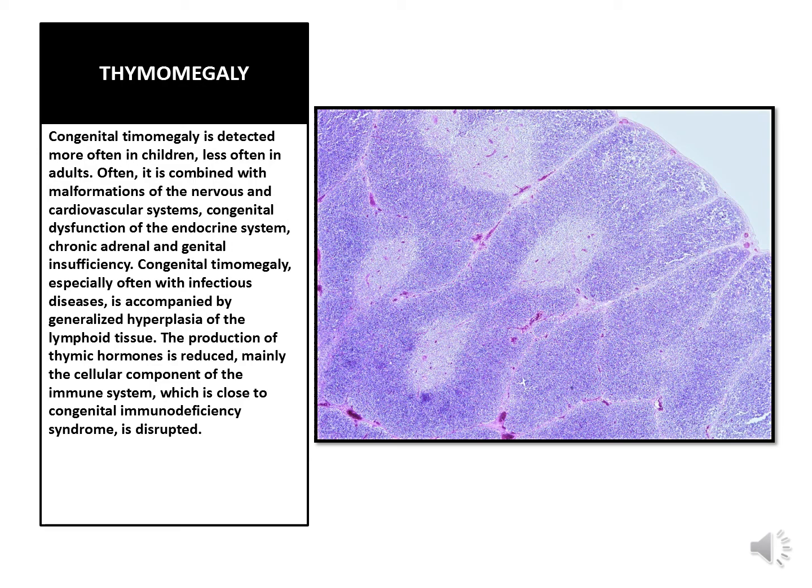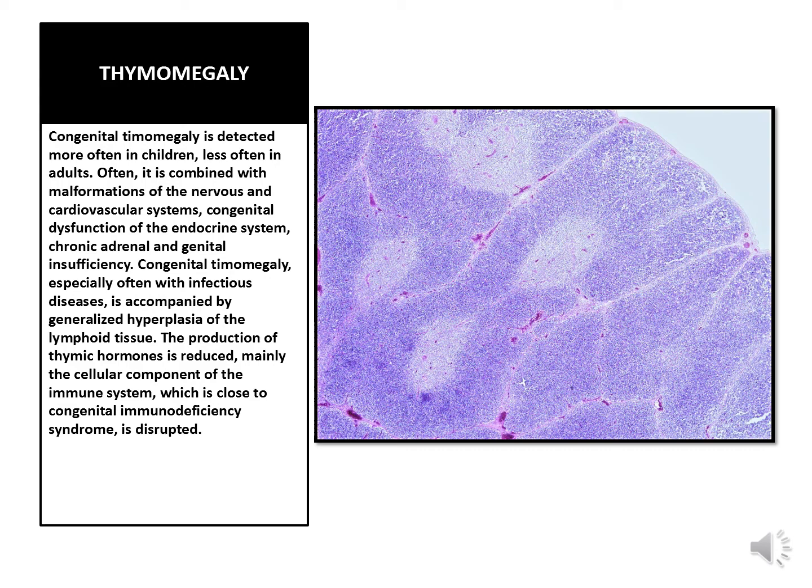Often it is combined with malformations of the nervous and cardiovascular system, congenital dysfunctions of the endocrine system, chronic adrenal and genital insufficiency. Congenital thymomegaly is especially often seen with infectious diseases, and is accompanied by generalized hyperplasia of the lymphoid tissue.